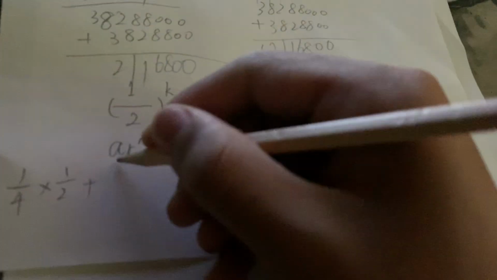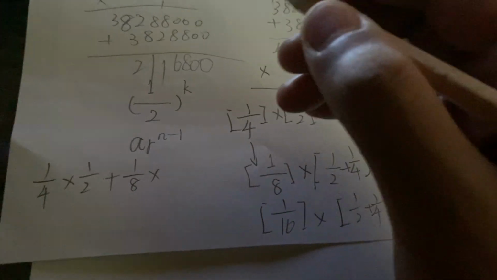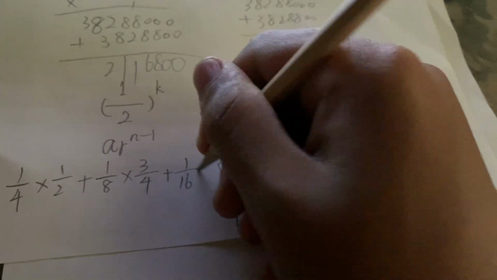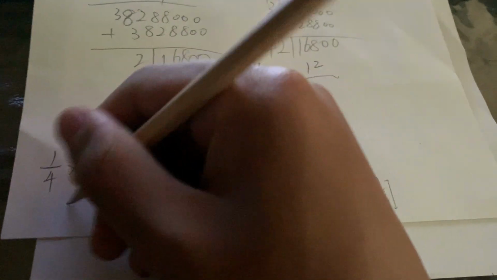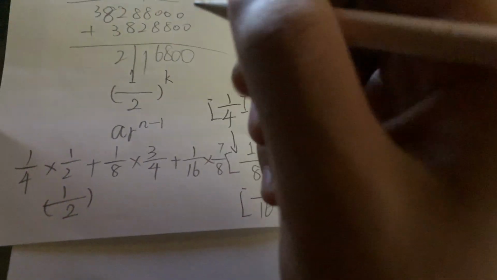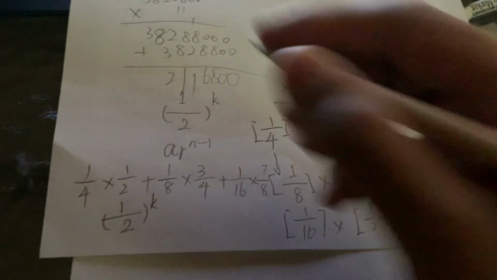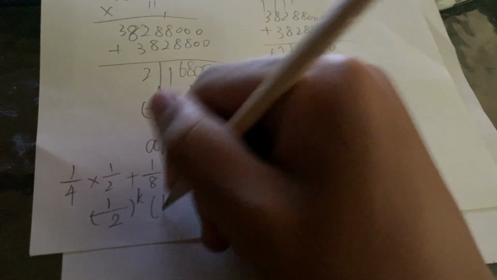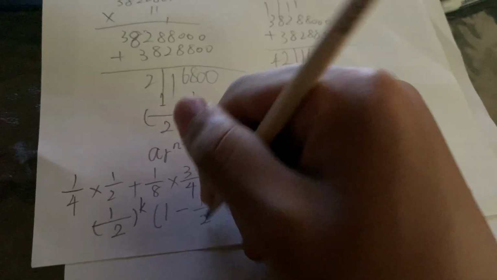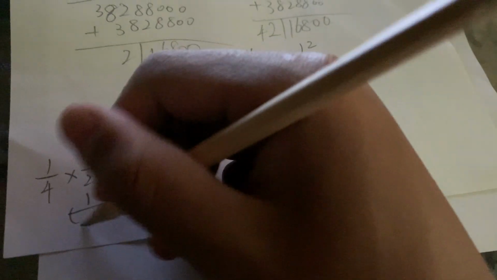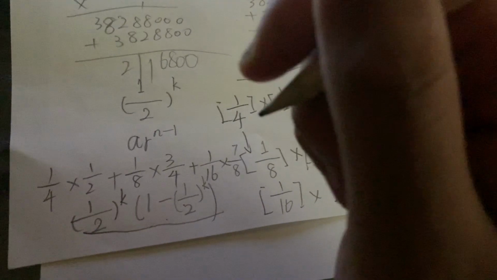Let's see a geometric series. 1/8 times 4/3. So it should follow a geometric rule, like every term should be calculated like this, times 1 minus... It has a geometric series like this.